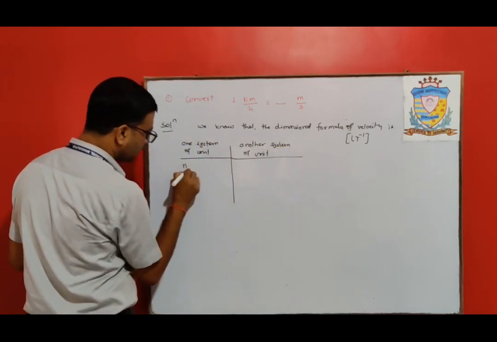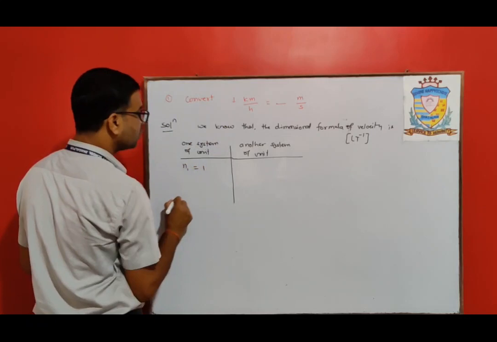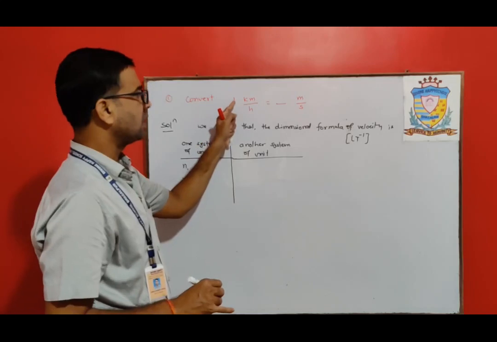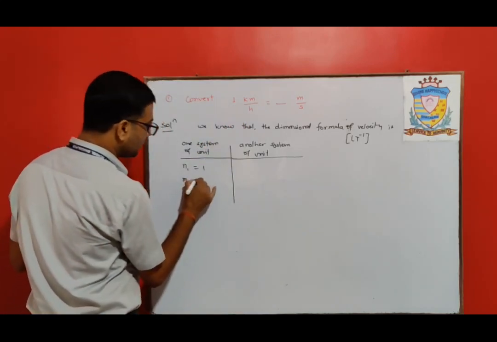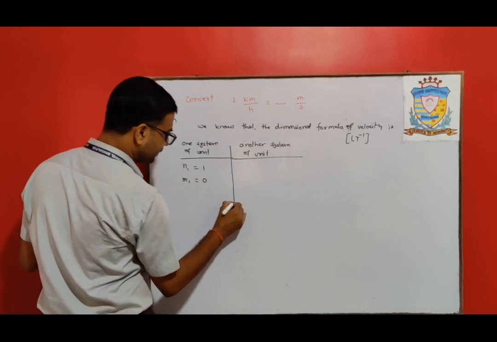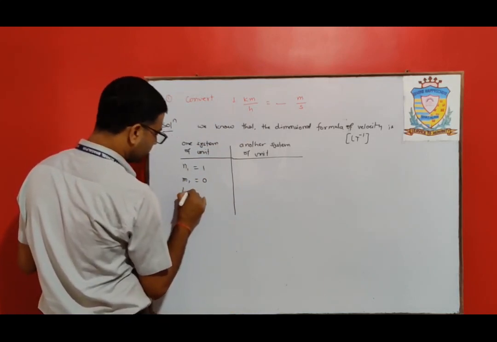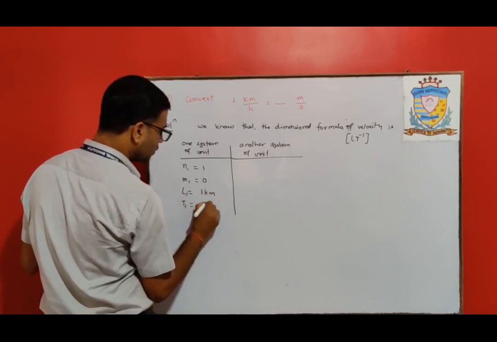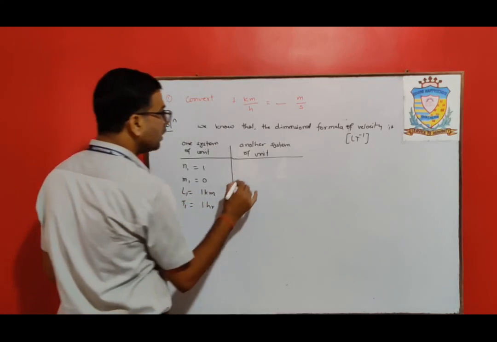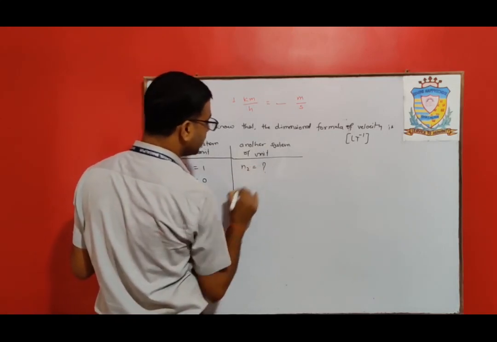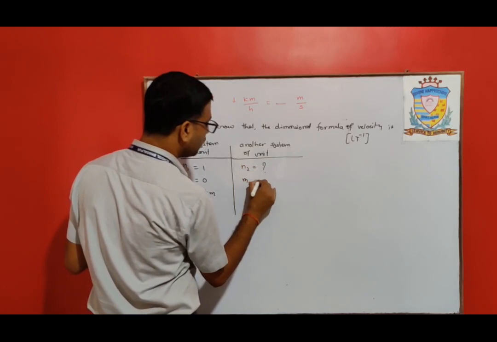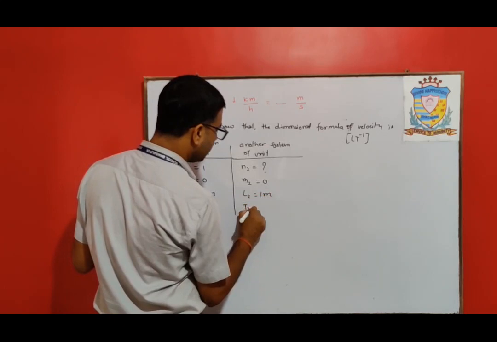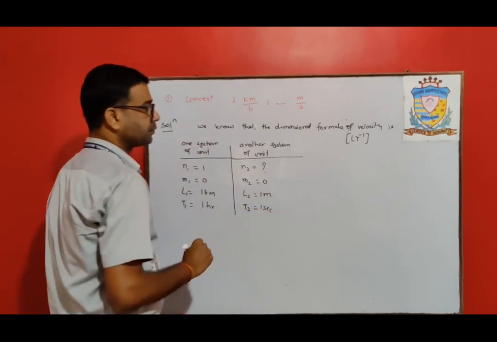So in the first system, it is given that the value of n1 is 1, m1 is 0, L1 is equal to 1 kilometer and T1 is equal to 1 hour. Clear? N2, that we have to calculate. M2 is again 0, L2 is equal to 1 meter and T2 is equal to 1 second.